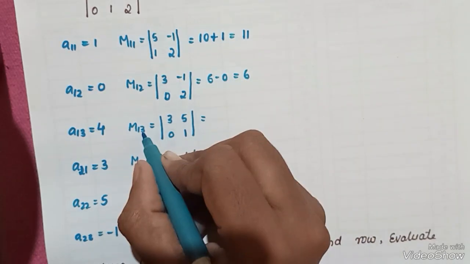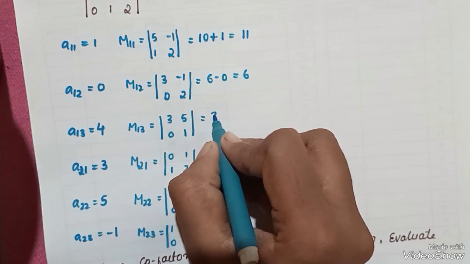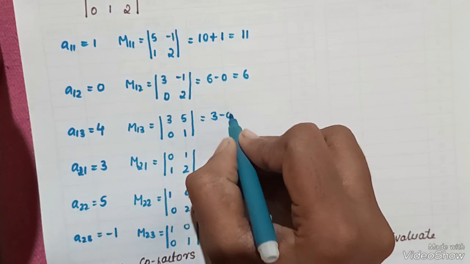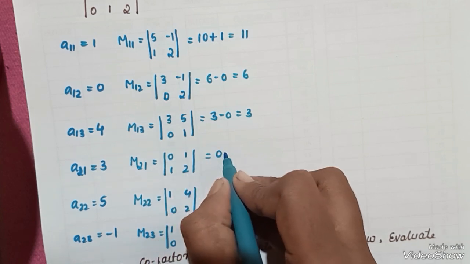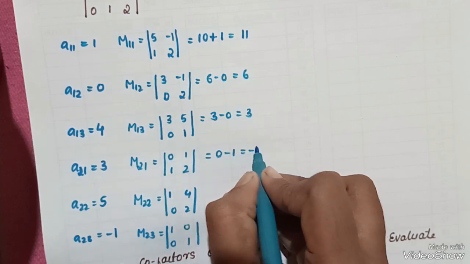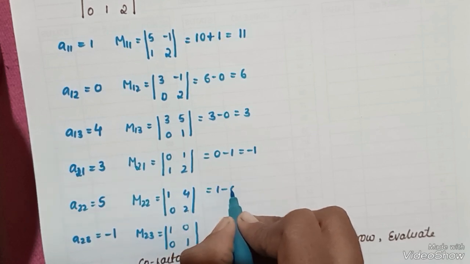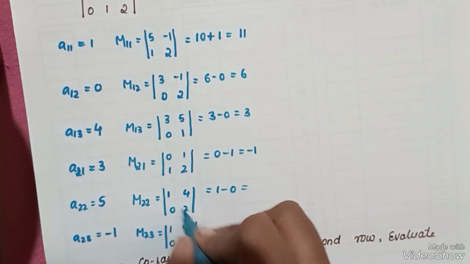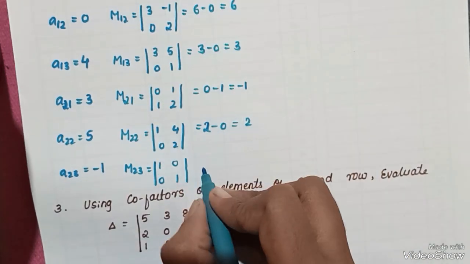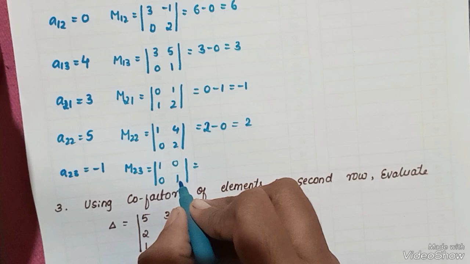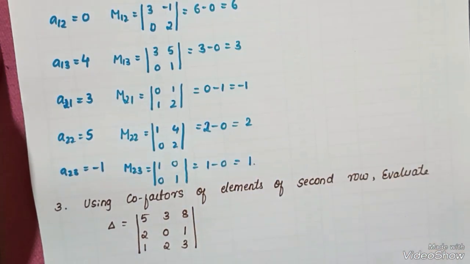Again m13, 3 into 1 is 3, 0 into 5 is 0, it becomes 3. 0 into 2 is 0, 1 into 1, then 1 into 2 minus 0, the value is 2. Again here 1 into 1 minus 0, it becomes 1.